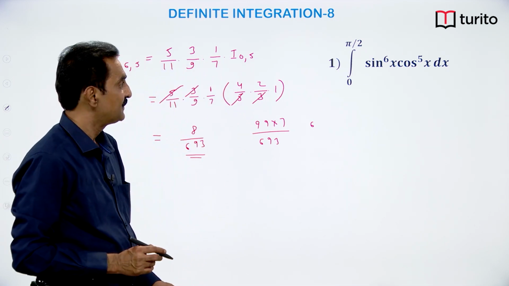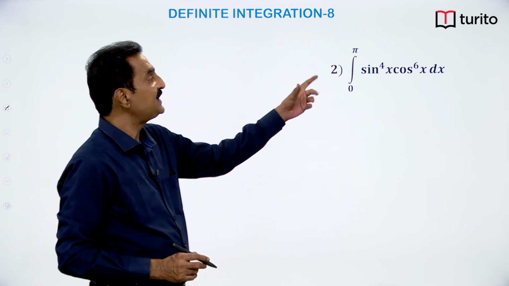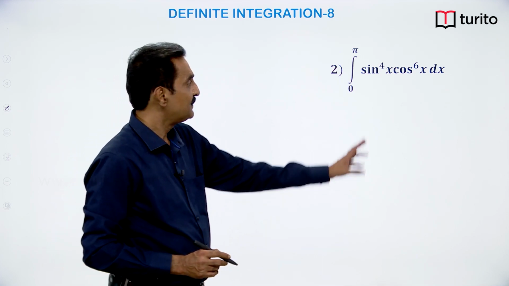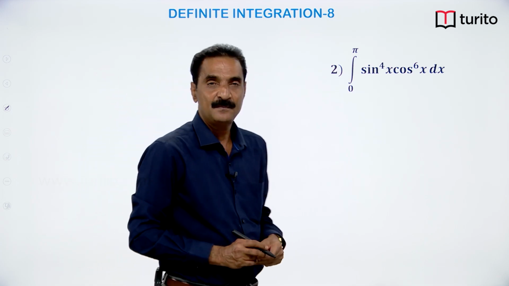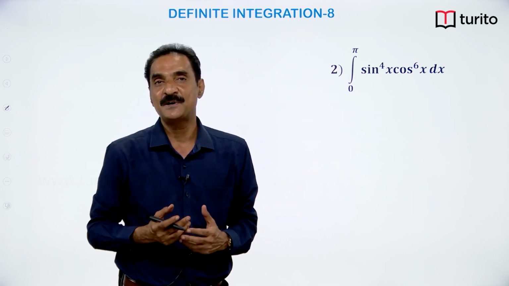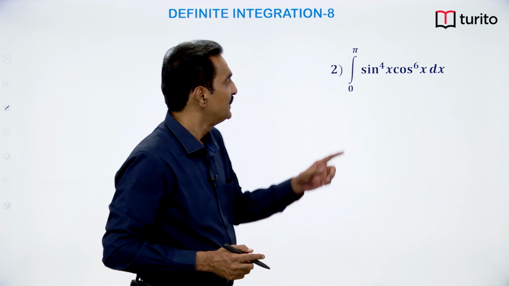Next question, integral 0 to pi sine power 4x into cos power 6x. Here the limits are not standard limits. So as we did in the first formula examples, we have to use the property of definite integral and reduce the limits to 0 to pi by 2.